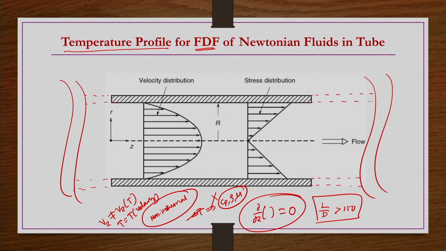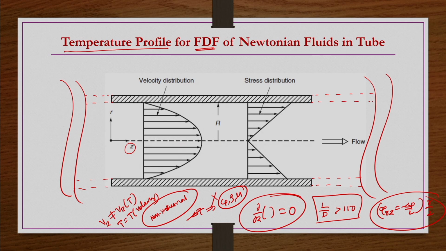The coordinate system is the same as before: in the flow direction we take z, and the other direction is r. For fully developed flow, when we simplify the momentum equations, we obtain tau rz equals minus delta p by L times r by 2, so the shear stress is linear.